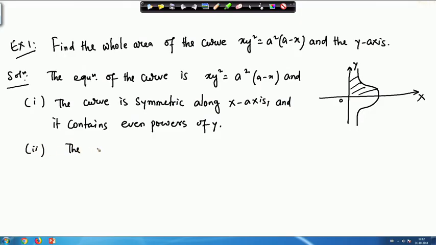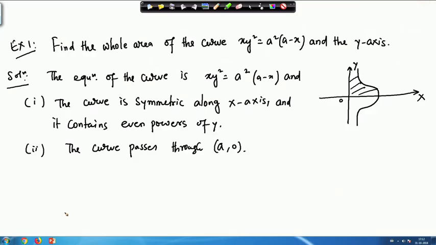The curve passes through the point a comma 0. So these are the two properties of this curve.